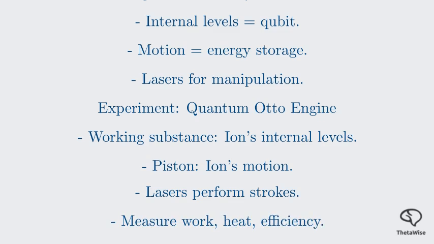Other platforms, like superconducting circuits and nuclear magnetic resonance, are also being used to study quantum thermodynamics. These experiments are not only verifying the theory, but also pushing the boundaries of what's possible. So, experiments with systems like trapped ions are successfully realizing quantum engines and other thermodynamic processes, providing crucial validation for the theory and paving the way for new quantum technologies.